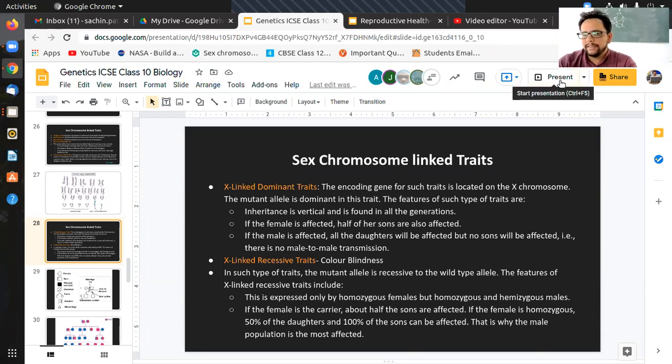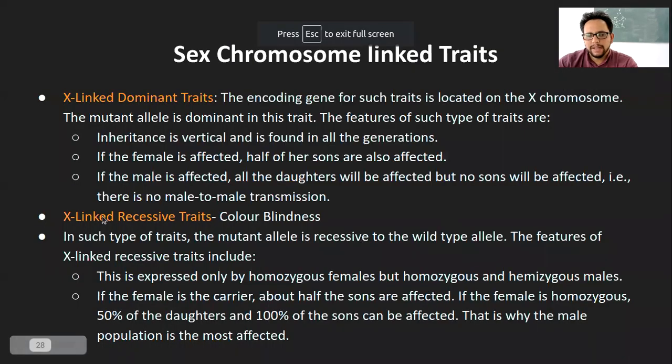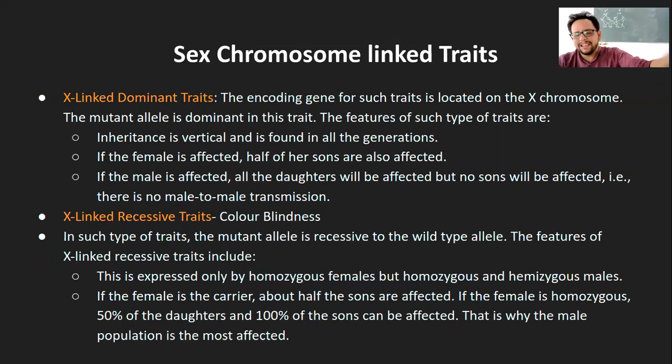So that is the X-linked dominant trait. Now, the X-linked recessive trait. This was the dominant one. If it is recessive, it is going to be exactly opposite, because it is not going to always show the phenotype. For example, in the same case which I have drawn on the board, if XA is the recessive one, it will not affect even if it is present, especially in a female, right?